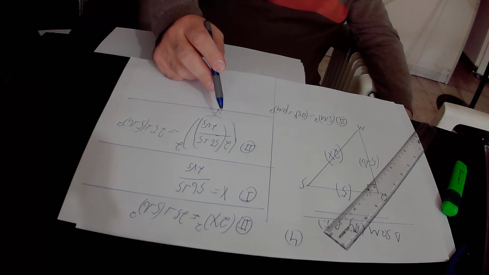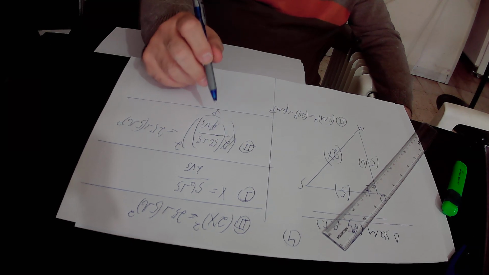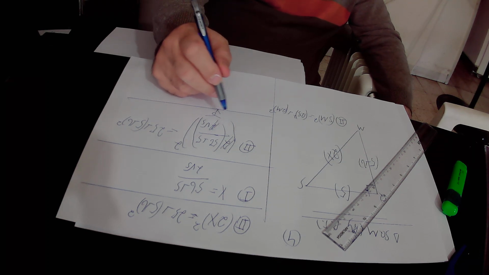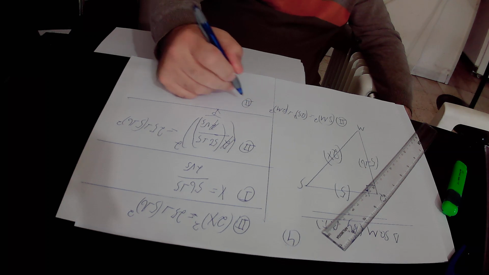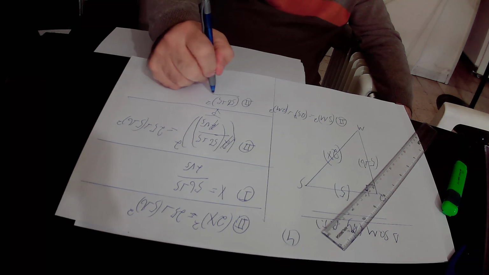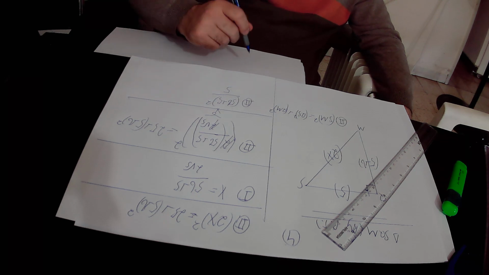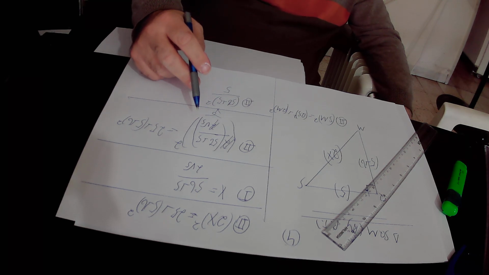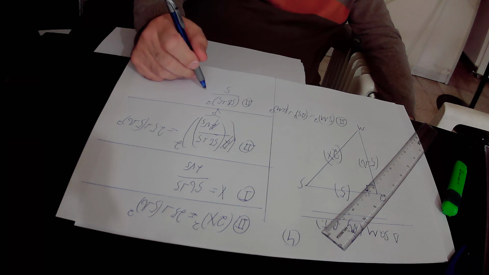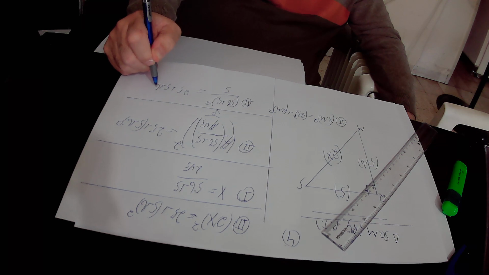Here we have 2 in the numerator and 2 in the denominator, so the 2 will get cancelled. What is left is (5b plus 5) square over square root of 5 square. Square root of 5 square is 5. So this expression equals (5b plus 5) square over 5, and it equals 25 plus (5 plus b) square.